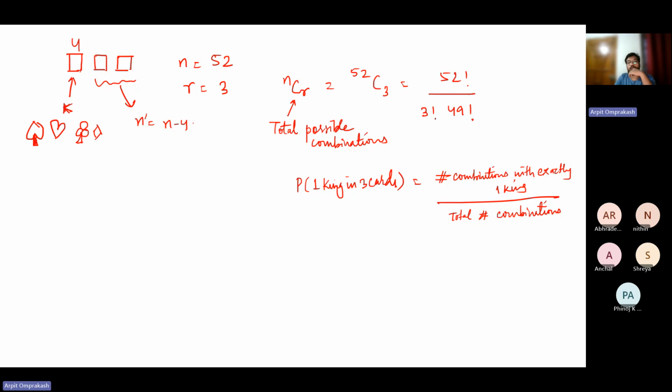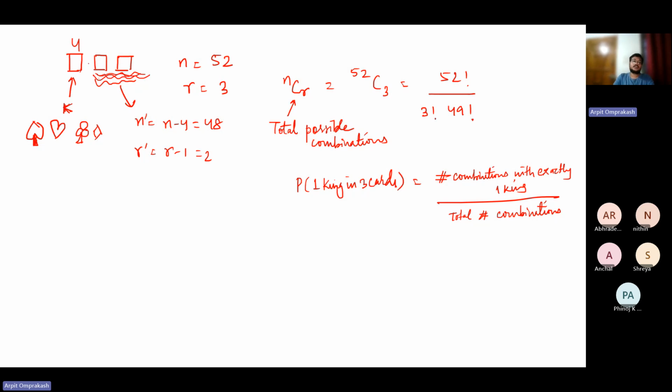So our n prime will be n minus 4, and our r prime is r minus 1, since we have gone from 3 to 2. So this is 2, and this is 48. This translates into a problem of choosing 2 cards from 48 cards in total, discarding the kings.